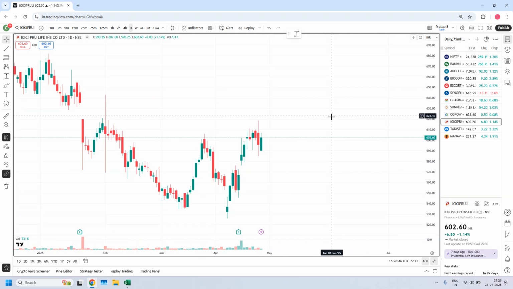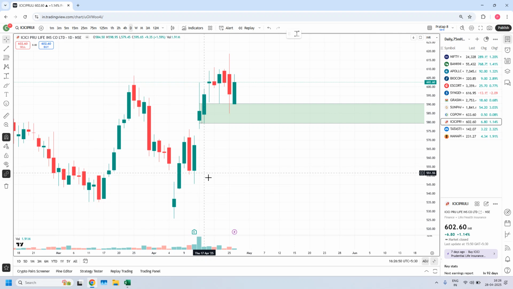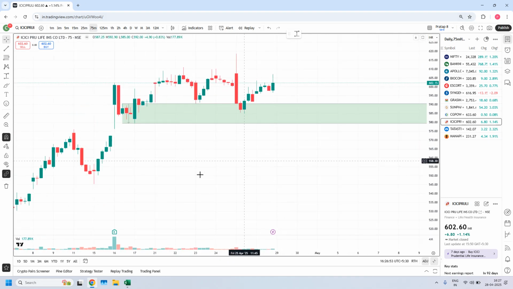This is also a 75 minute demand zone. Here: drop, three base candles and rally, but I didn't fine tune this zone. That means the order flow is not good in this area.